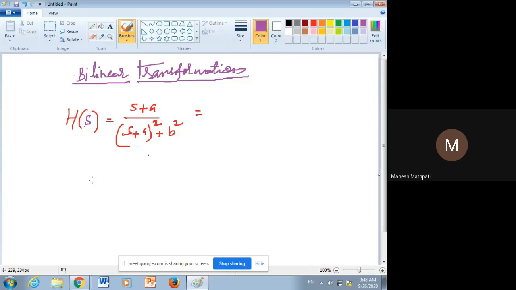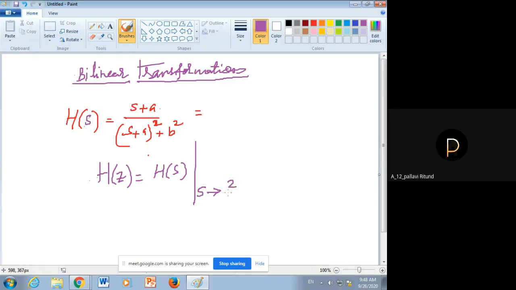For bilinear transformation, the transformation used is h of z equals h of s, at s equal to 2 by T in bracket z minus 1 upon z plus 1.